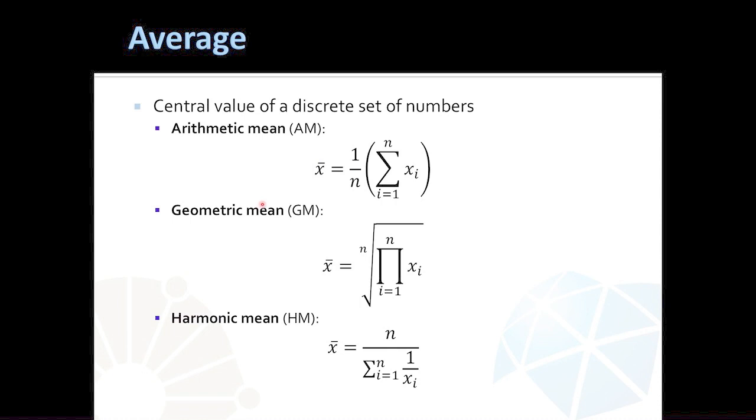In the geometric mean, all instances in a particular dimension are multiplied and then we compute the nth root of the result. In the harmonic mean, we have a sum of the inverted value of the instances and the result is multiplied by n. Let's see some examples of these different ways to compute the average.